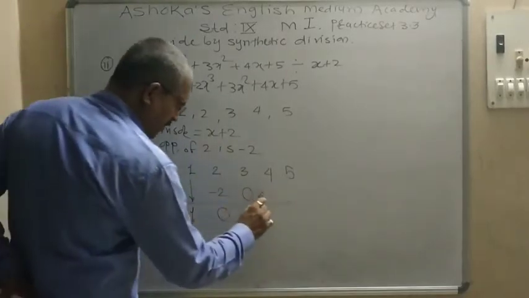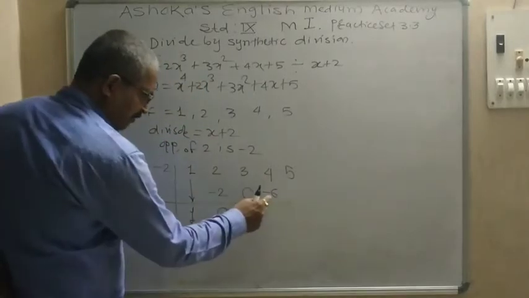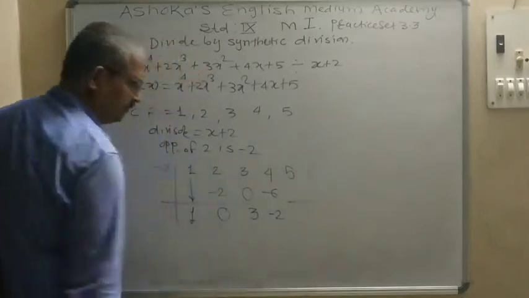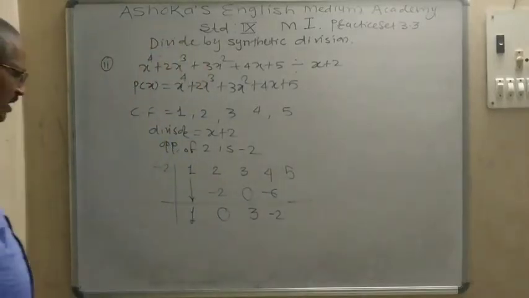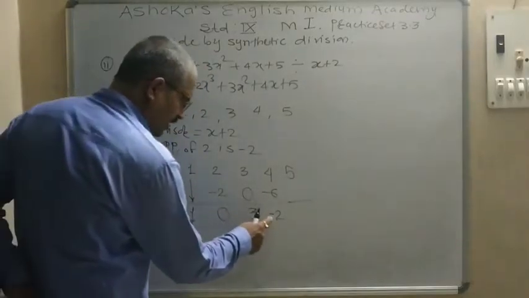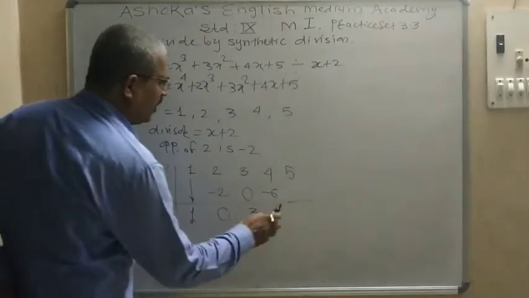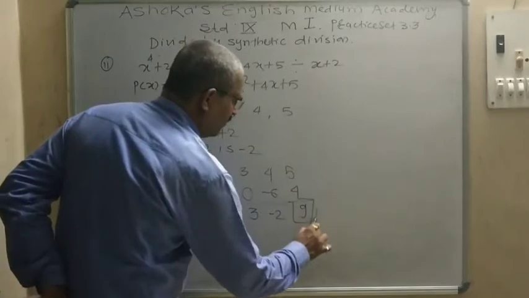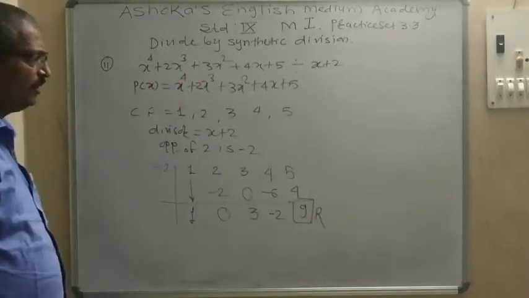Now 3 2s are −6. −6 plus 4, −2 will remain. And −2 into −2, the product is positive 4, means the remainder came 9 now. Okay.